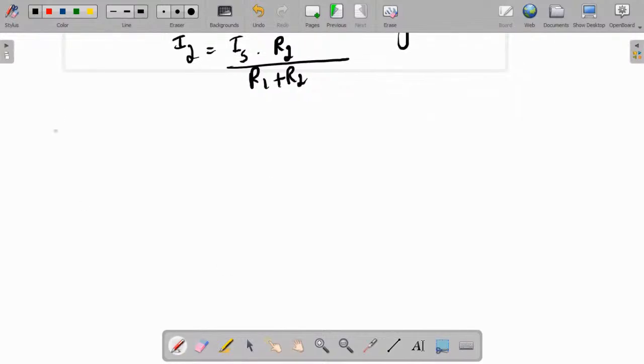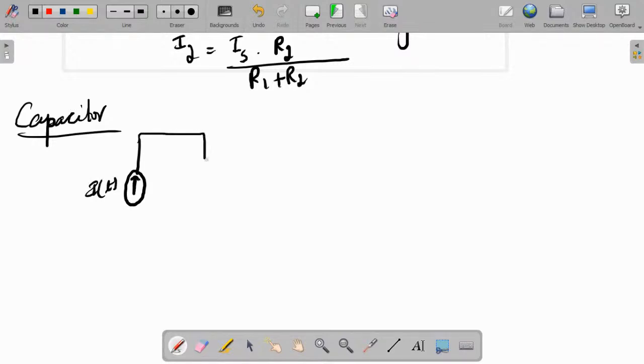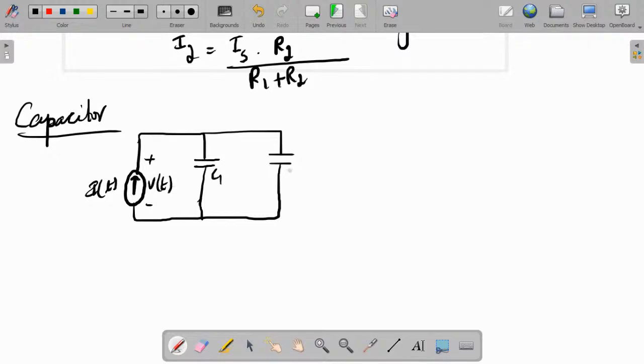Now let us see capacitors. For the parallel connection of capacitors, let this be I of t. I am connecting two capacitors in parallel. Let the potential here be V of t, with C1, C2.